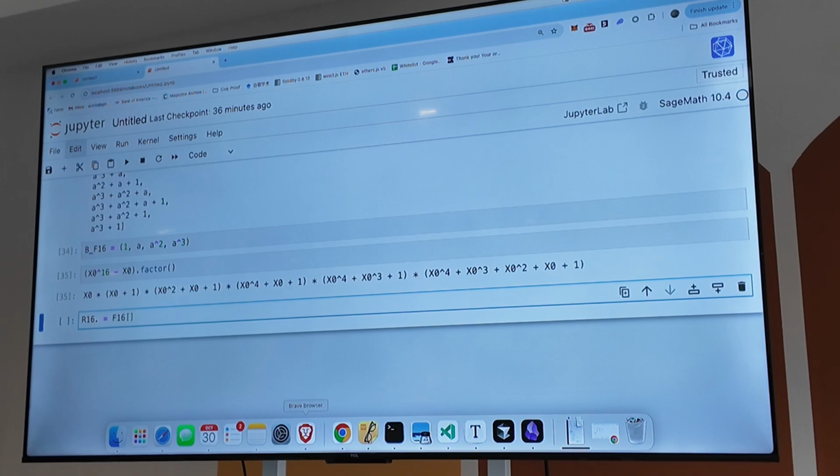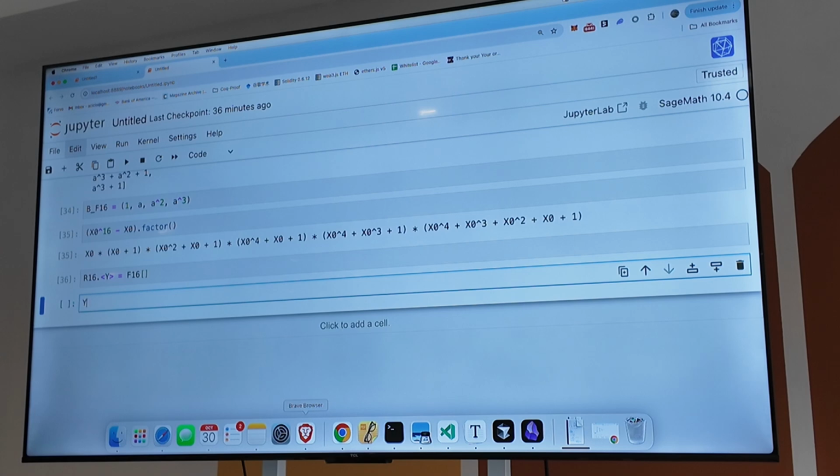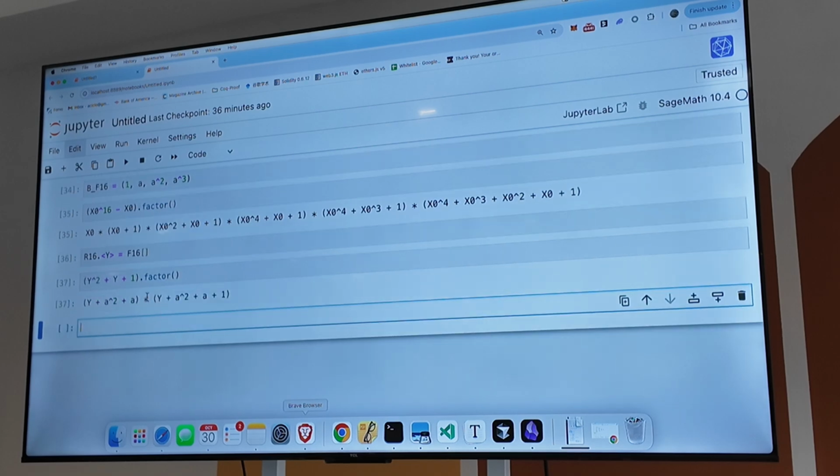Let me use another y. We just take y squared plus y plus 1 and factorize this polynomial. Sorry, it's not that: a squared plus a and a squared plus a plus 1 are the two roots of this polynomial.